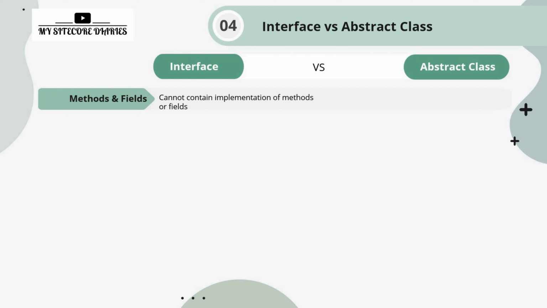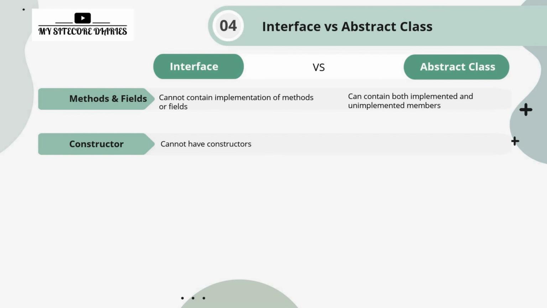The methods and fields. Interface cannot contain implementation of methods or fields, whereas abstract class can contain both implemented and unimplemented methods. It means that in interface you can only have blank bodies of the methods, but abstract class can have both the things. It can have an implementation also, and unimplemented methods also. Constructor.